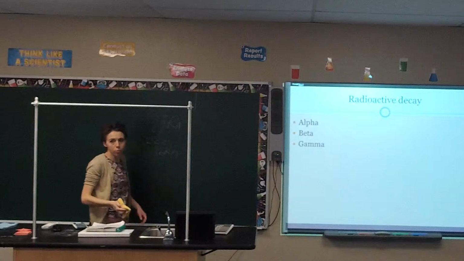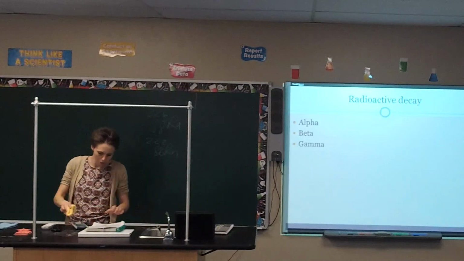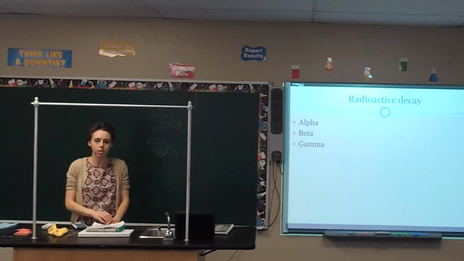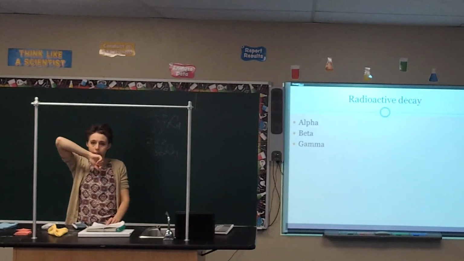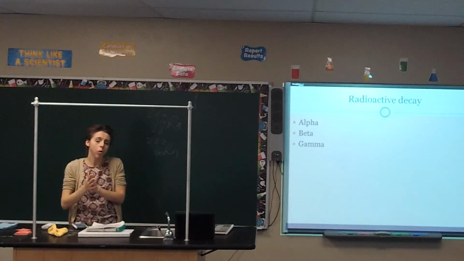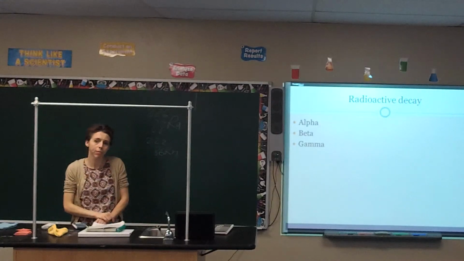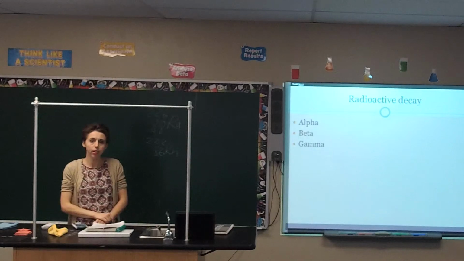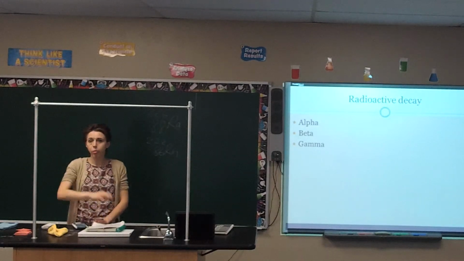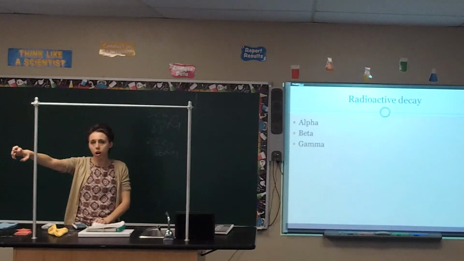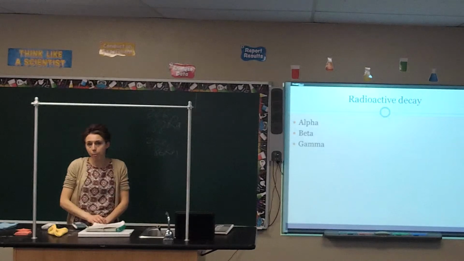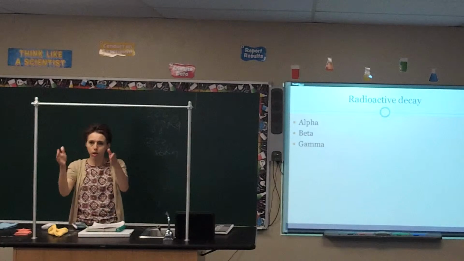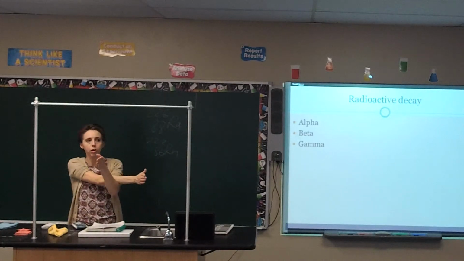Now keep in mind, sometimes whenever people talk about this, they use it as an example for evolution, because scientists say that if it takes 1,600 years for a substance to change from one element into another, then we can look at an element like carbon and calculate backwards and help prove that the Earth is millions and billions of years old. We're going to talk about the problems with that a little bit later on, but using science like this is fine because sometimes it does take a really long time for one half the substance to decay into a new substance.